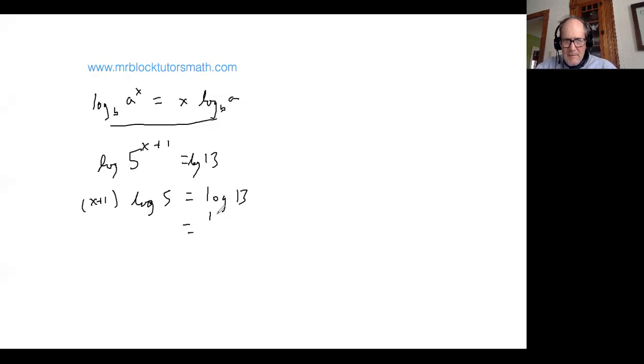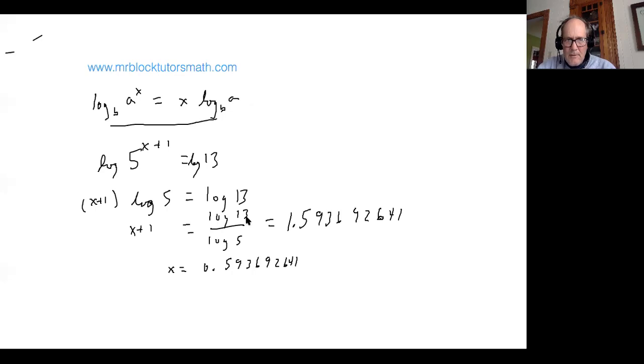Divide out the log 5, and then we have x plus 1. So log 13 divided by log 5 is 1.593692641. Subtract 1 from both sides.